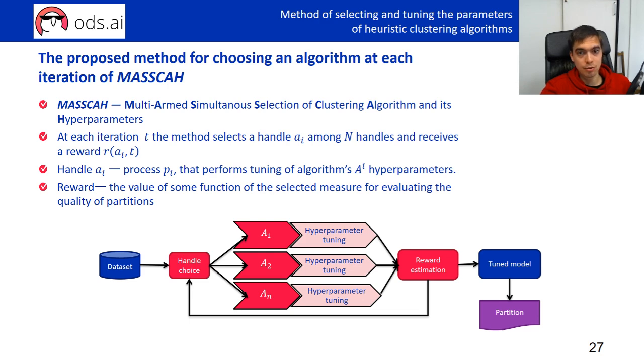At the end of the iteration, the agent receives a reward or some gain, which is the value of some function from a selected measure for evaluating the quality of partitions. The scheme of this method is illustrated above at the bottom of the slide.